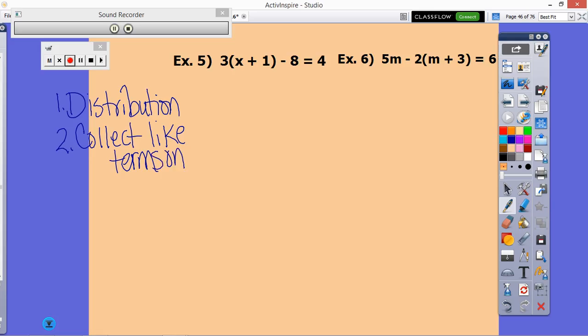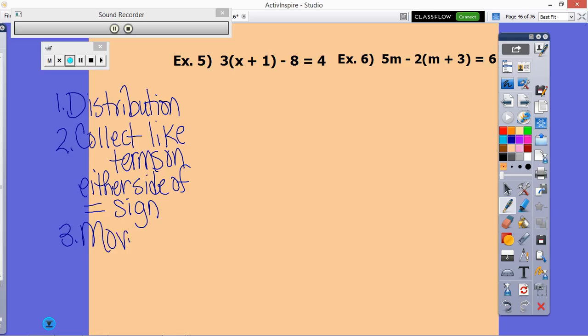So collect like terms on either side of the equal sign. We do not make any moves here. Our step 3 is to make the move, and we move only using addition or subtraction. And the final step is still going to be to multiply or divide.